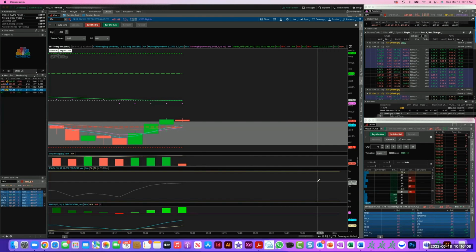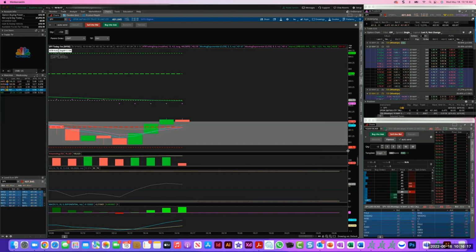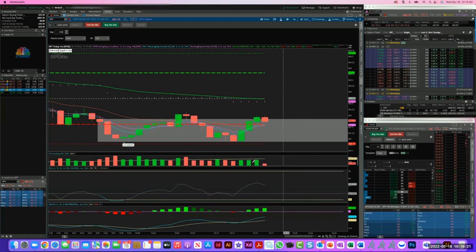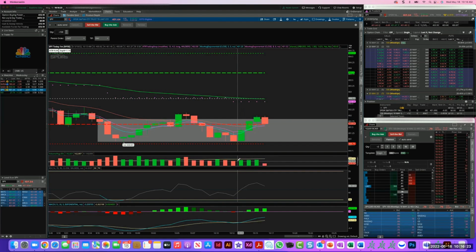All right, so we have a falling VIX below the 8-day EMA. I'd like to see a little more volume, but it looks like we have increasing volume here to the upside.